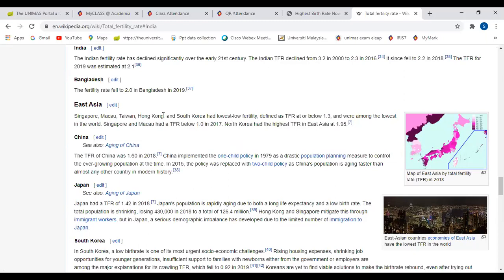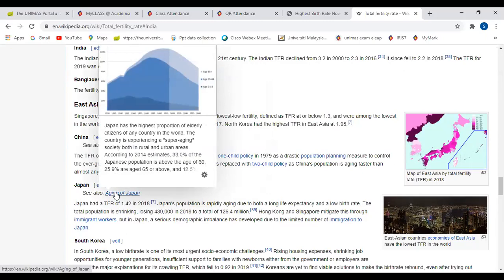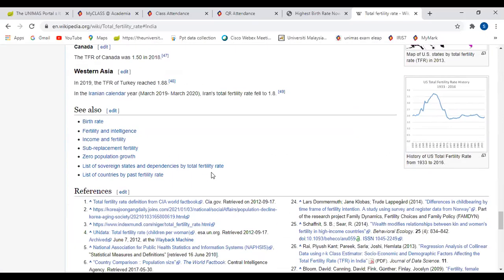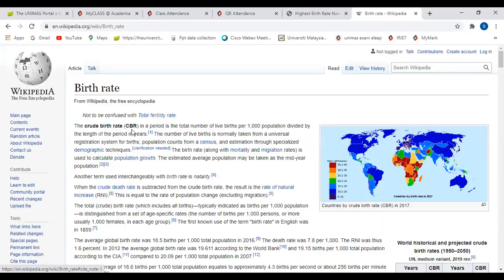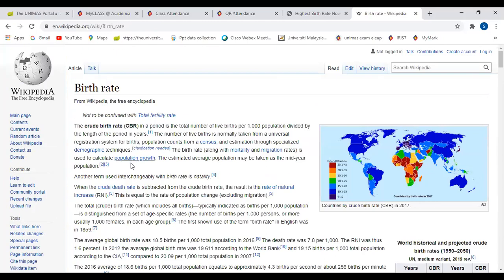Some of the information may not be 100% correct, but anyway, it gives you some information. Also, if you look at birth rate, for example, you can see the different countries in the world. There are so many things that you can get from the internet.